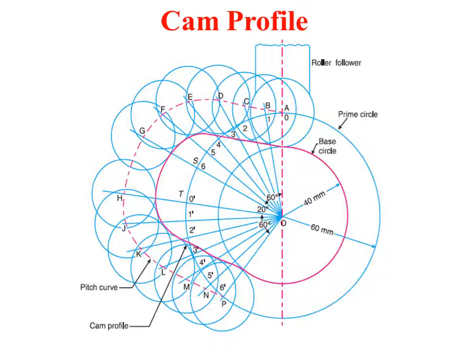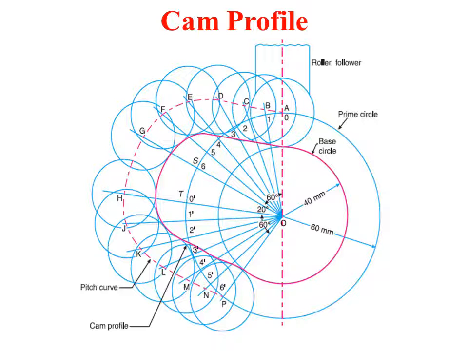After that, measure the value from the displacement diagram, that is 1b, by using a compass, and transfer that value to the cam profile. Taking 1 as center, draw an arc, it cuts at B. Same way, measure 2c from the displacement diagram and transfer it again here.